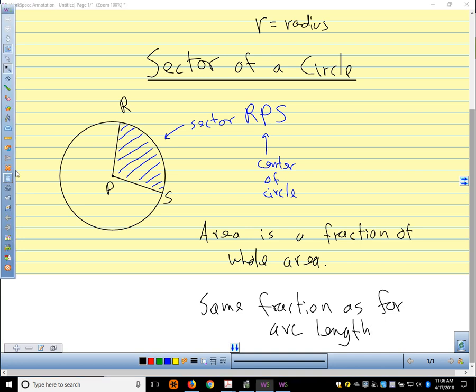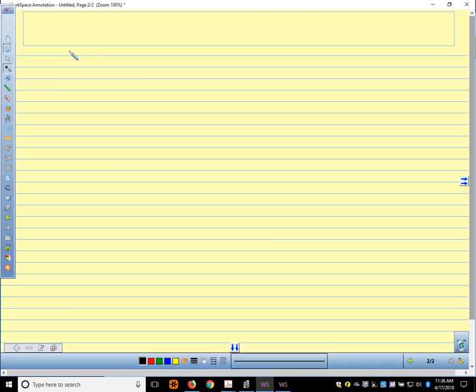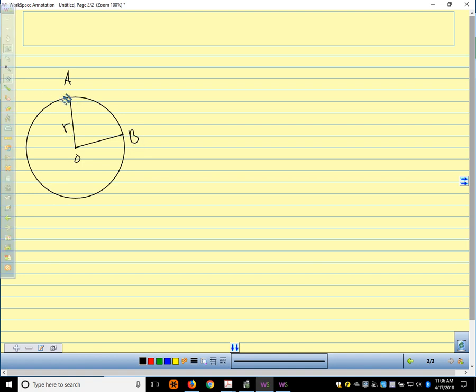So let's write our formula. Area of a sector. Let me draw a picture. Here's my circle, and we're going to make sector AOB. So the center is at O, that's B, the radius is R, and we're talking about this shaded part in here.